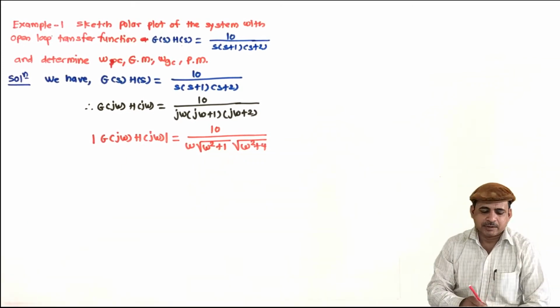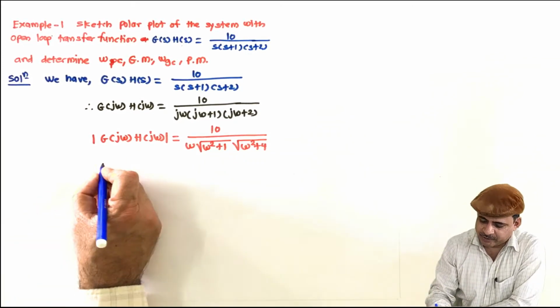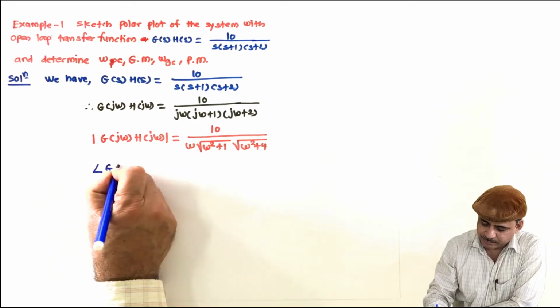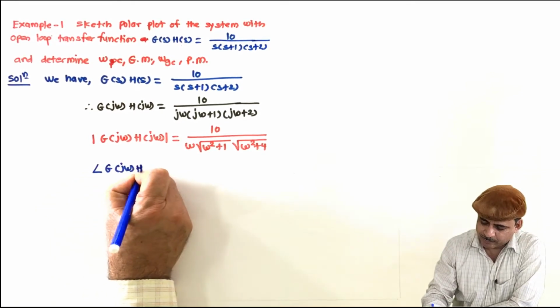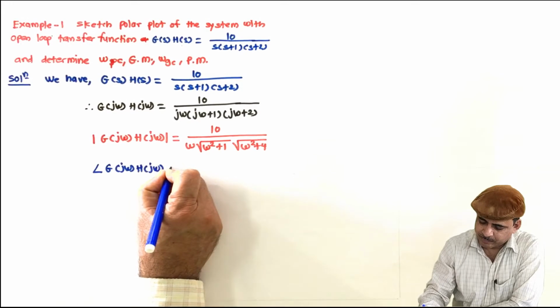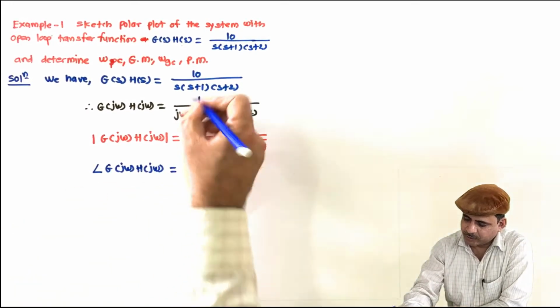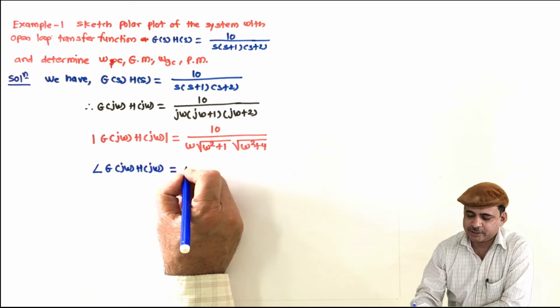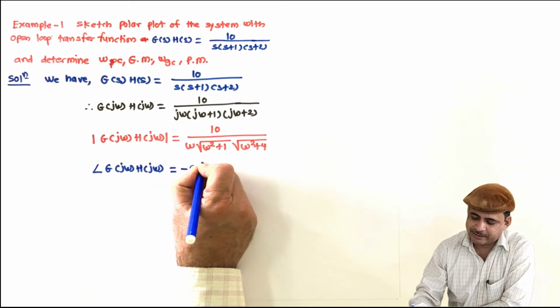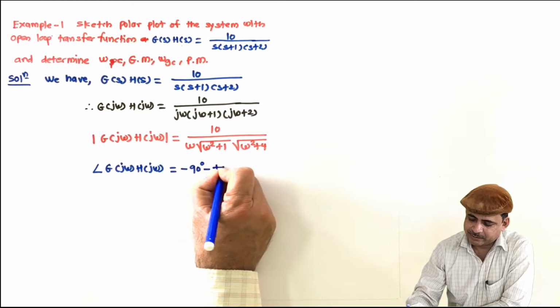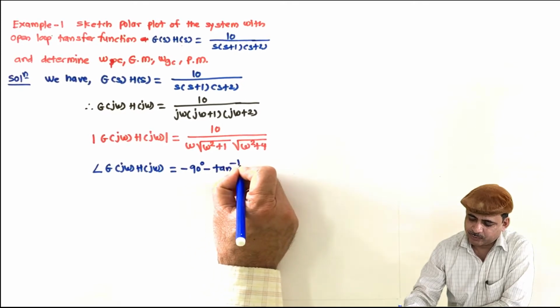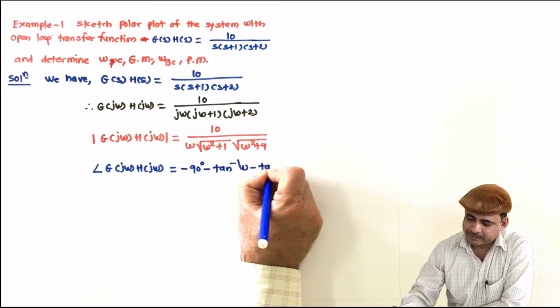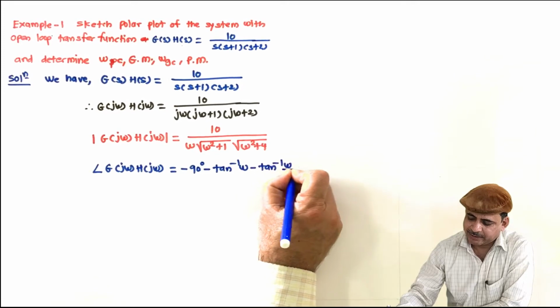And the phase function is: for 10 the phase is 0. For this j omega, real part is 0, so phase will be minus 90 degree, minus tan inverse of omega, minus tan inverse of omega by 2.